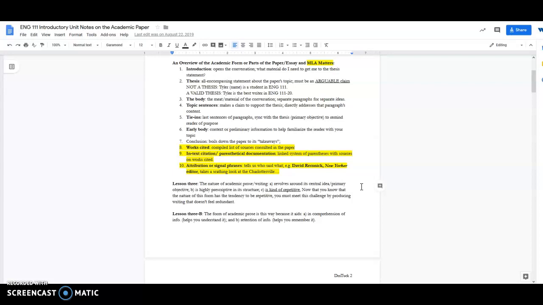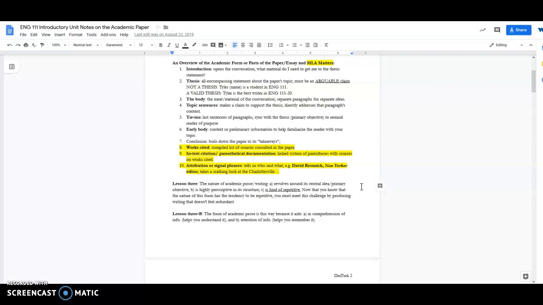If we're doing all these things precisely, and we're all on the same page about how to do this, it's going to meet your professors' or instructors' expectations for how a paper ought to be formed and written.